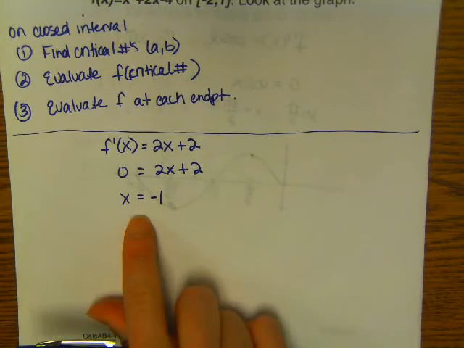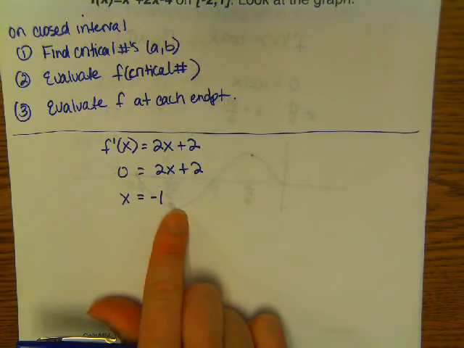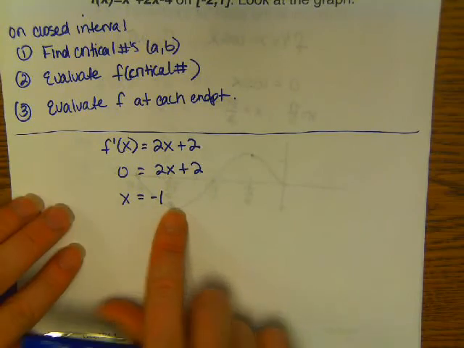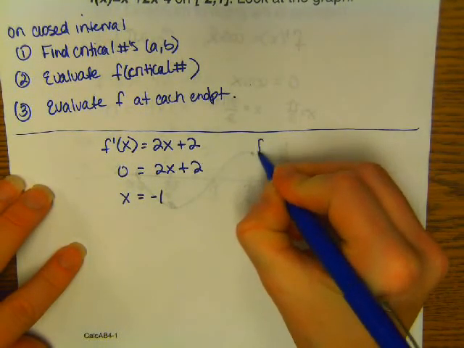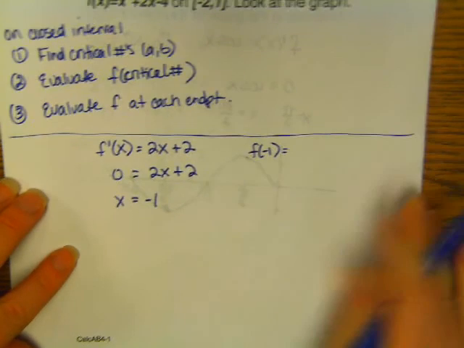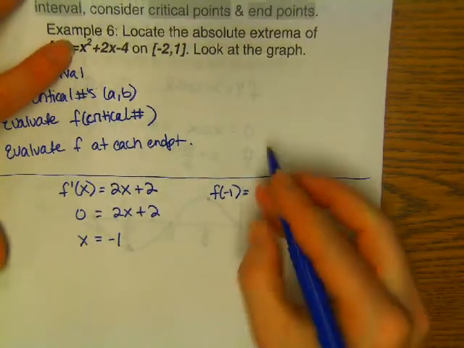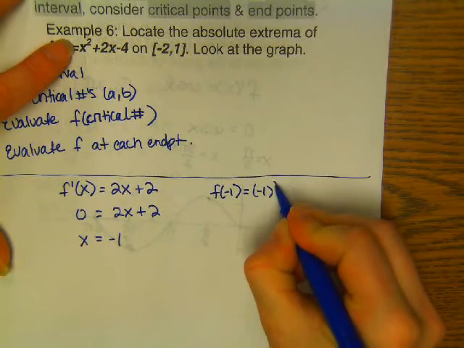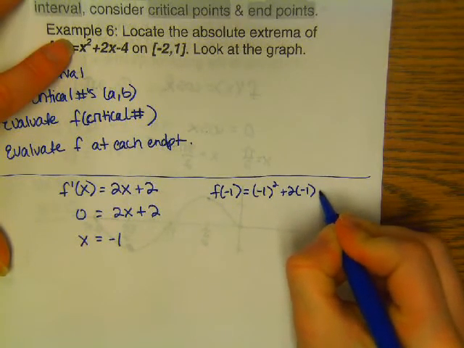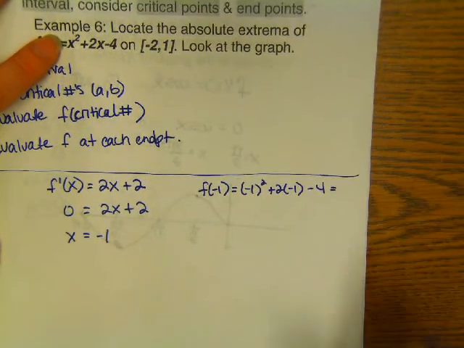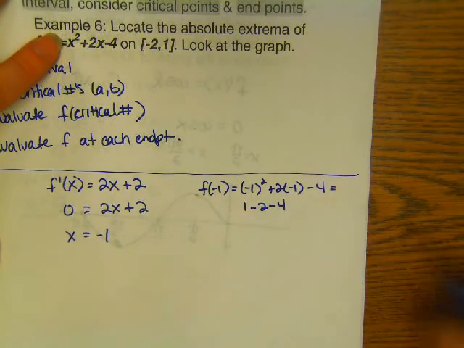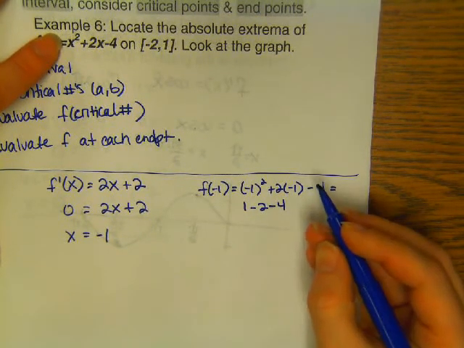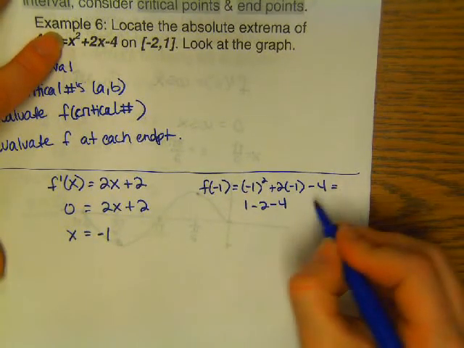I'm going to evaluate in the original function now what is f of -1, because it's a potential extrema. So I plug it in, I get (-1) squared plus 2 times -1 minus 4. And I get 1 minus 2 minus 4, which would give me -5. Okay.